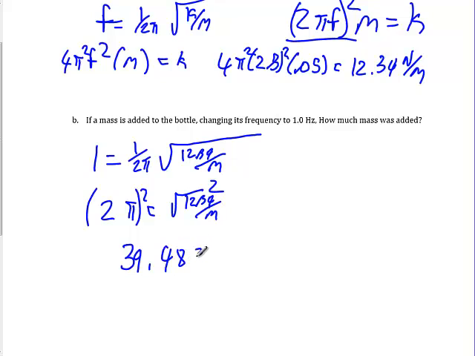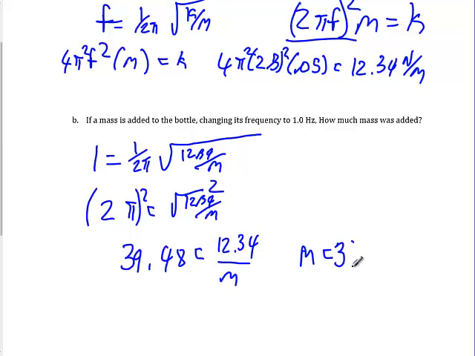Okay, I get 39.48 equals 12.34 over m. So I've got to take 12.34 divided by 39.48, and I get 2.84. Well, that's wrong. 12.34 divided by 39.48 equals 0.312. I was like, what?